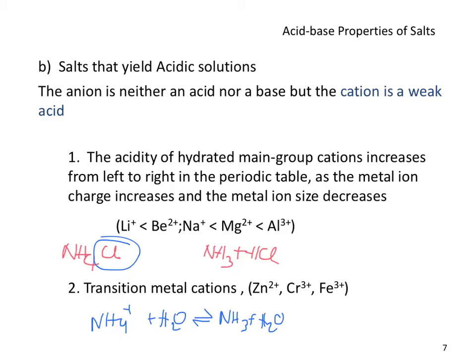And that is the reason why NH4Cl is going to be weakly acidic. So again, if you have to summarize, if you have to classify which particular salt is acidic, basic, or neutral, you will say that it depends on whether they include cations that are conjugate acids of weak bases, or anions that are conjugate bases of weak acids, or both.